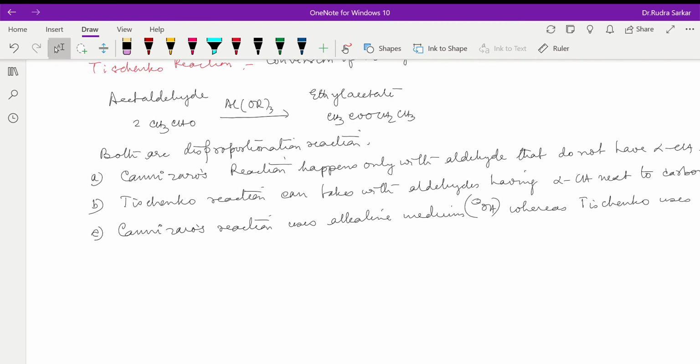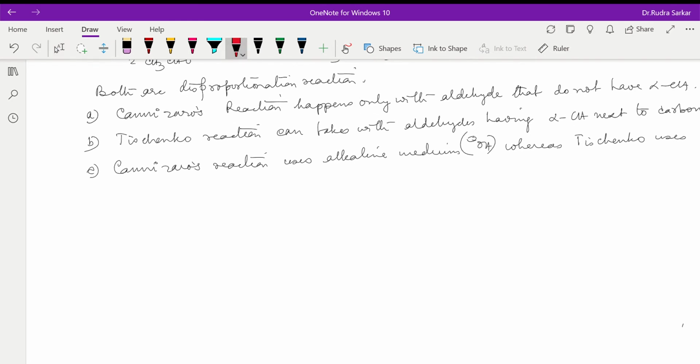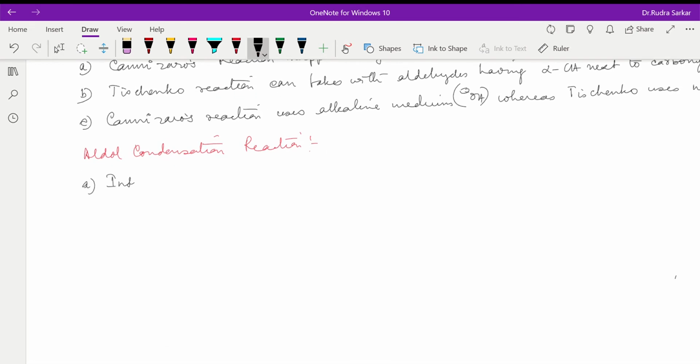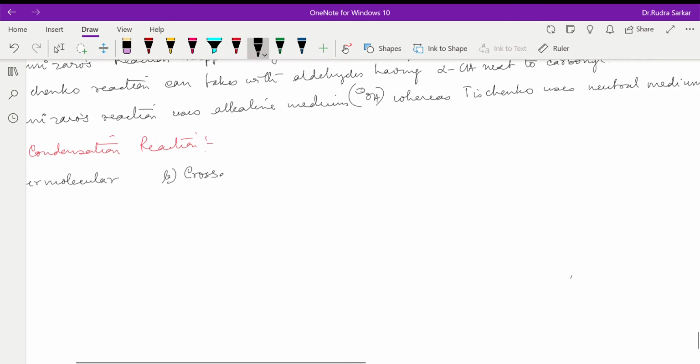Okay. Now the next reaction that we will study is called Aldol condensation reaction. We can divide it into three parts. One is intermolecular, B being cross, and C being intramolecular.